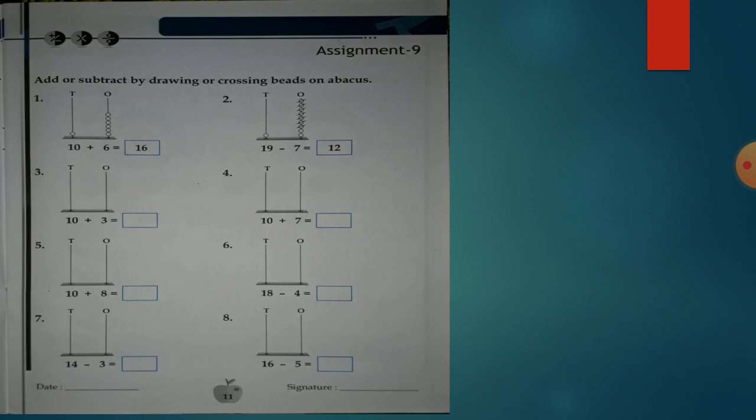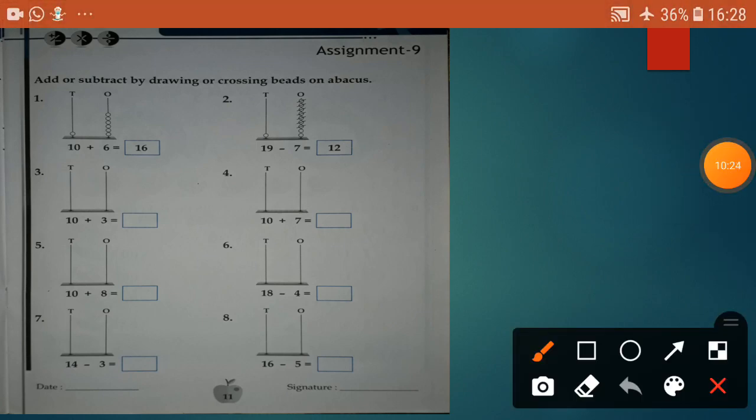Next page, assignment 9. Add and subtract by drawing and crossing beads on the abacus. First you draw, and then cross the beads on the abacus. See here, this is crossing beads, and drawing also.